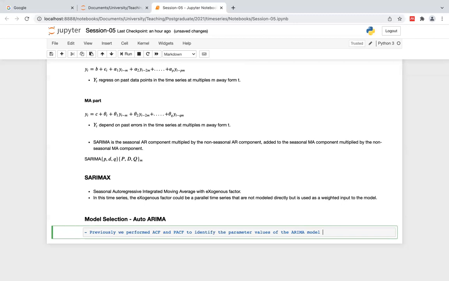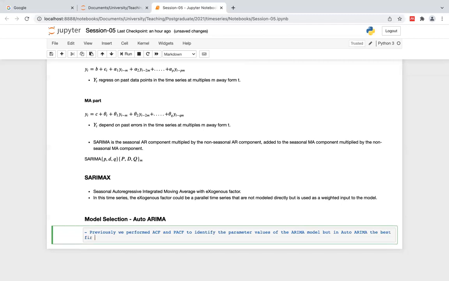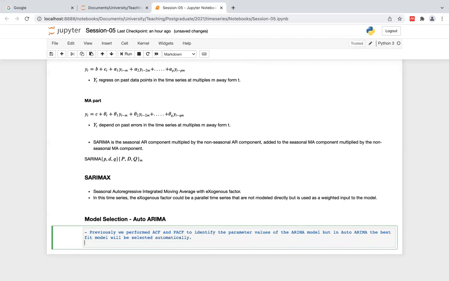But now, in auto ARIMA, the best fit model will be selected or chosen automatically. In order to do this, there should be some criteria, right? There should be some way.